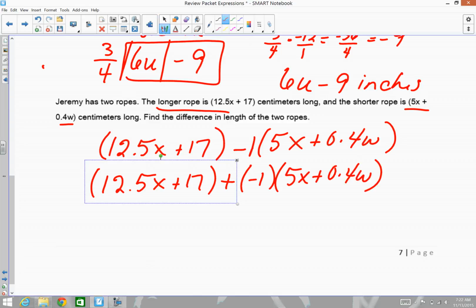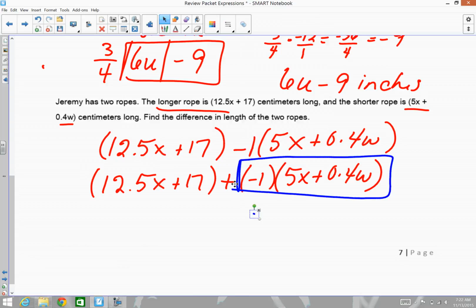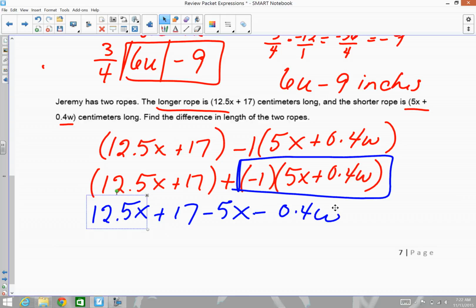Okay, and I would set up your distributing box here. And when you do that, you get 12.5x plus 17 minus 5x minus 0.4w.